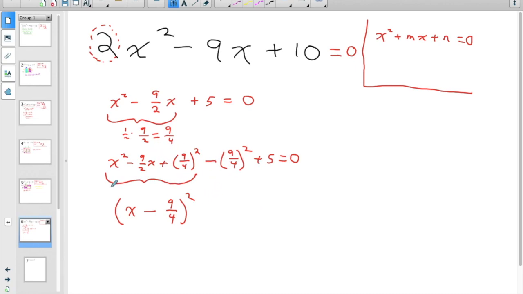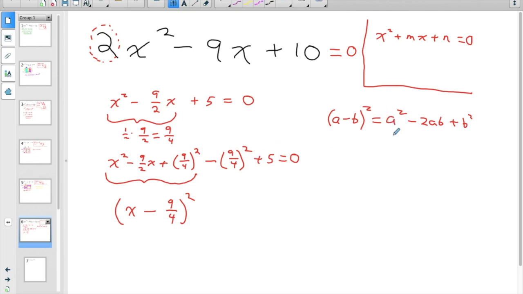Now, the reason that this works this way is because if we have a minus b squared, that always forms into a squared minus 2ab plus b squared.